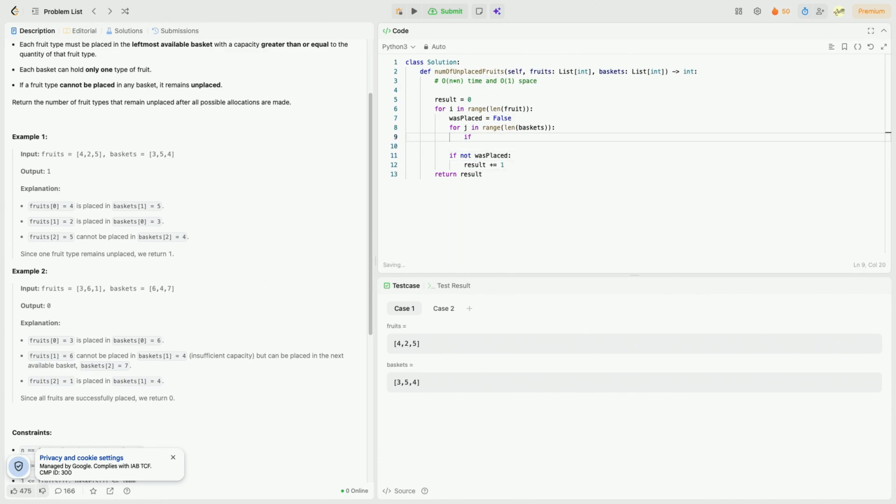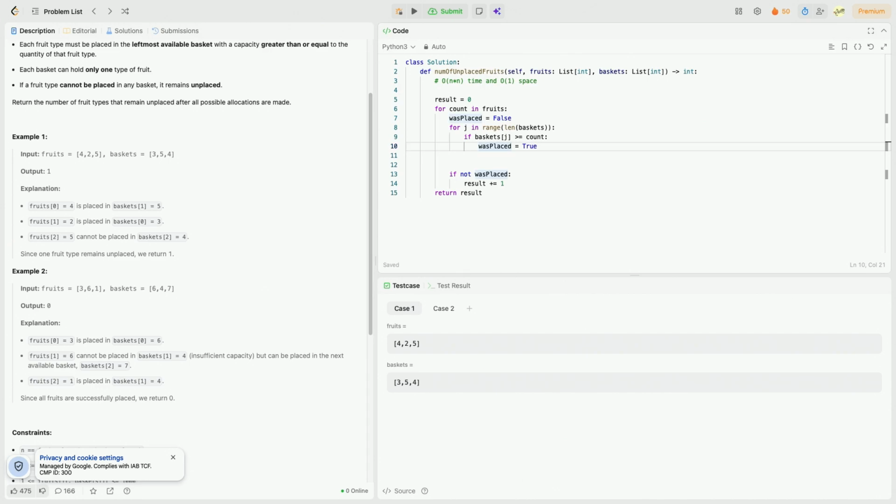Now when we loop over the baskets, if baskets at position j is larger or equal than the fruit count, where count is fruits at position i, and I guess we could just iterate over fruits directly. If the capacity of the basket is larger or equal than count, then we can place it. Was placed.